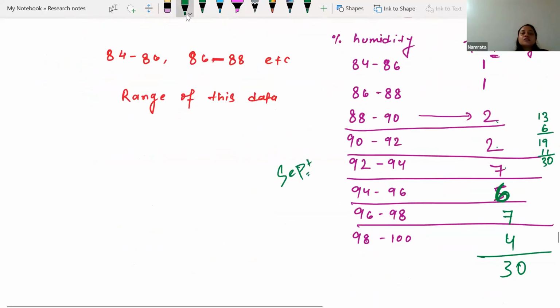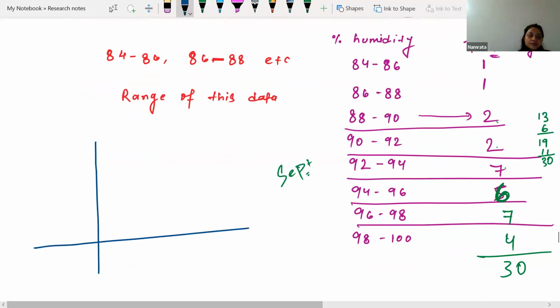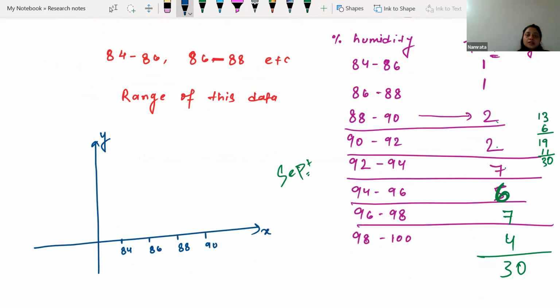If I draw this in the form of a bar graph, what am I going to get? x-axis, y-axis. Now the first interval is 84 to 86. Then the next one is 86 to 88, then 88 to 90, then 90 to 92, then 92 to 94.